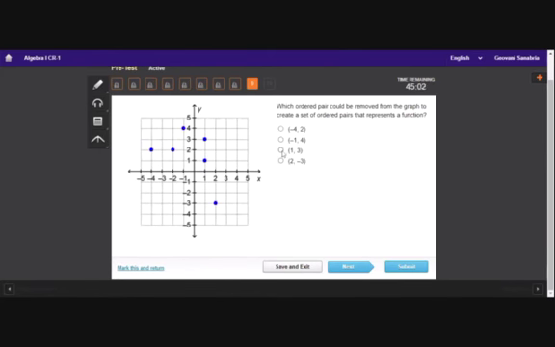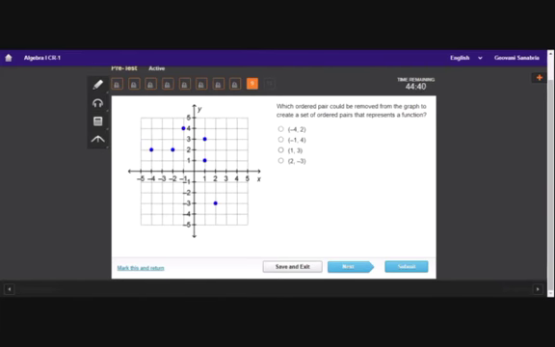The 1, 3 means if you start at the very center, the 1 means move to the right 1, and the 3 means move up 3. So it's that top point. Do you understand what I'm saying?